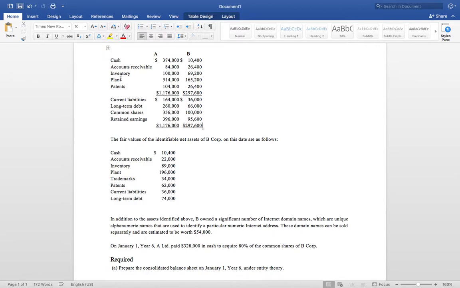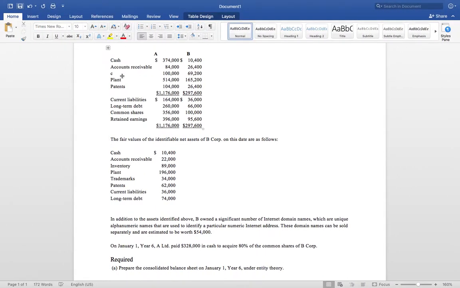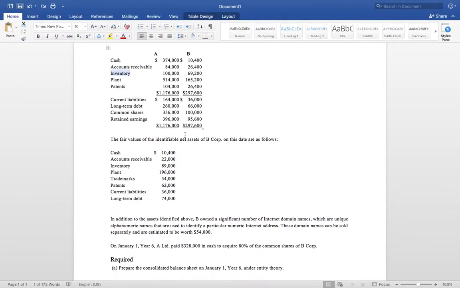Next we have inventory. Inventory is 100,000 plus 69,000 plus that difference between these two, or you can take 100,000 and actually the fair market value 89, but you have to show your work.